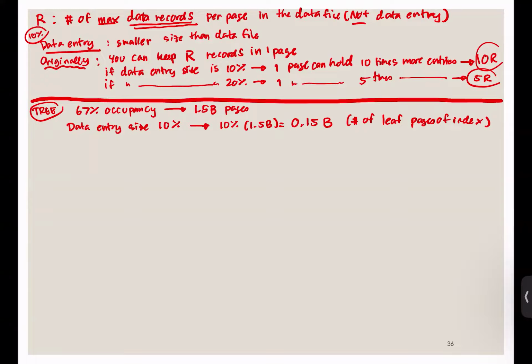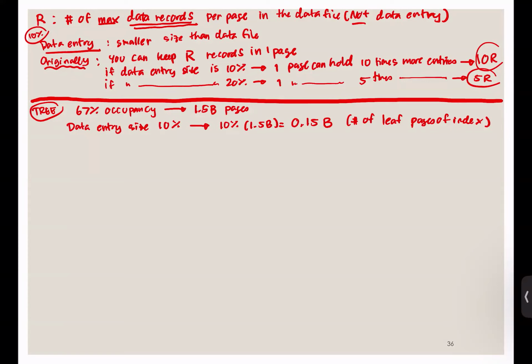But if those 1.5B pages are not used for holding the full data records anymore, and I want to put only the index part, which is only 10% size, then instead of 1.5B pages, it's only 10% of that, which is 0.15B pages. That's it. So you see that the index could just be a small portion of the storage.